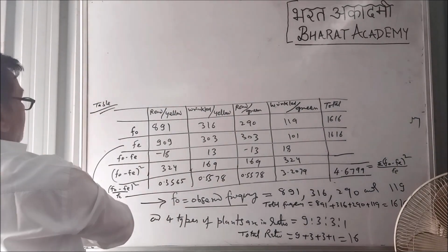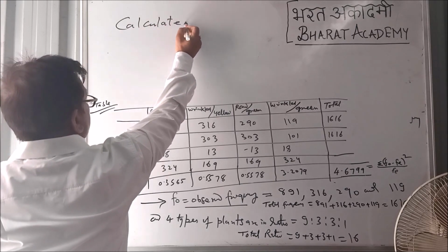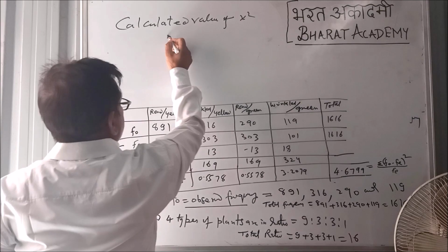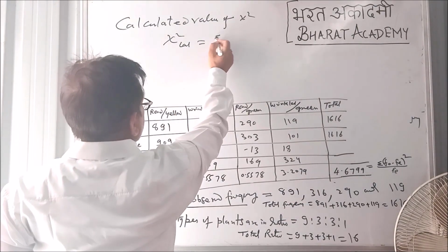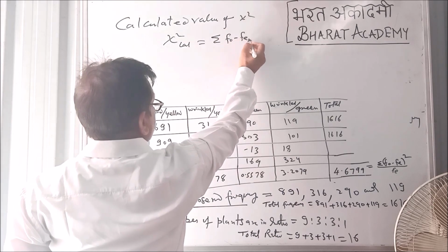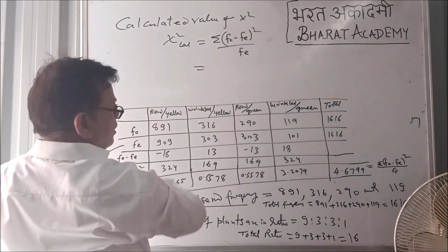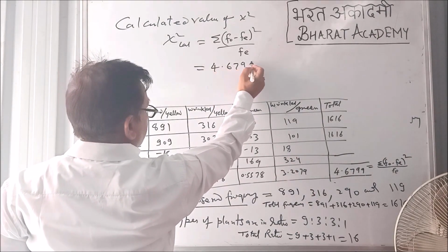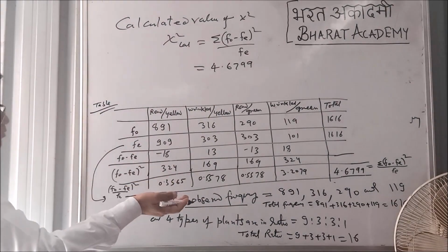So here, the calculated value of chi-square, we have calculated. This is summation FO minus FE, its whole square upon FE. It was 4.6799. This is your chi-square value from the formula.